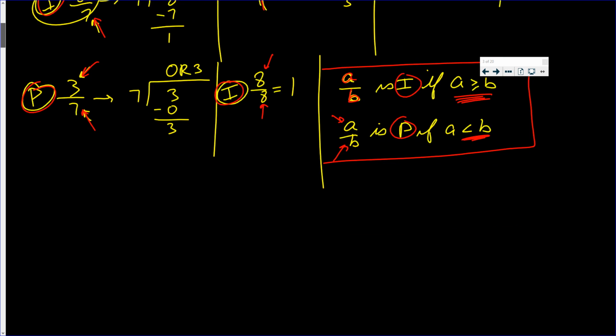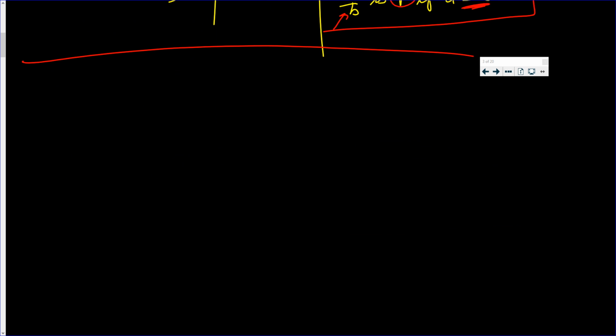Okay, so I'll give you some numbers and we'll decide if they are proper or improper. Suppose you have these 6 numbers. Are they proper or improper? Since the top number is smaller than the bottom number, this is proper.